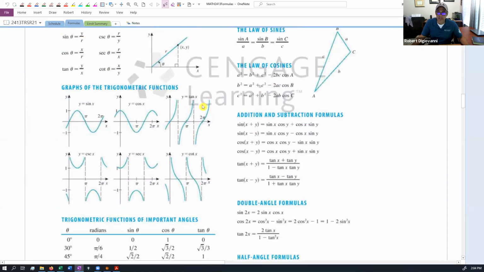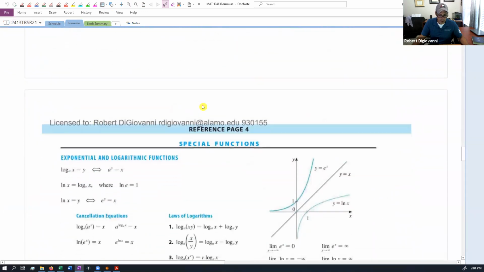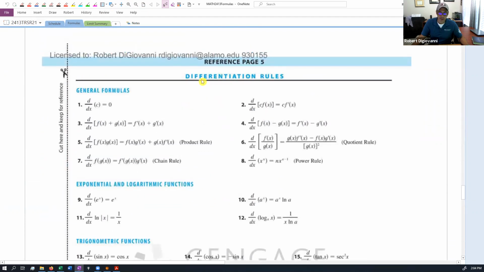It might take you a minute or a couple of days to memorize these, but don't worry about copying them, because if you go onto your formula sheets and reference page 5, differentiation rules, that's rules for derivatives, you will see here what we've covered so far. The derivative of a constant is 0. We just talked about that.